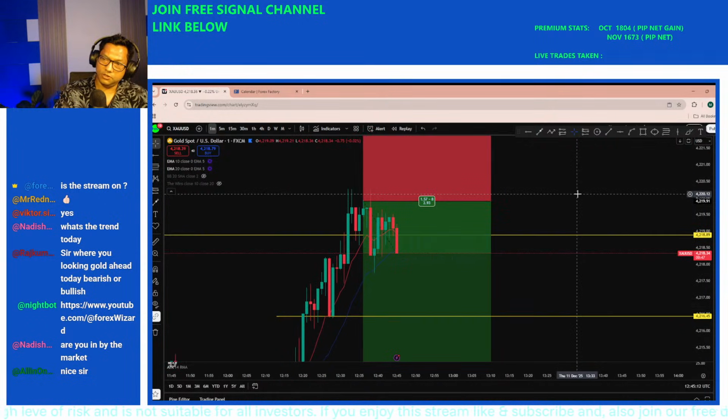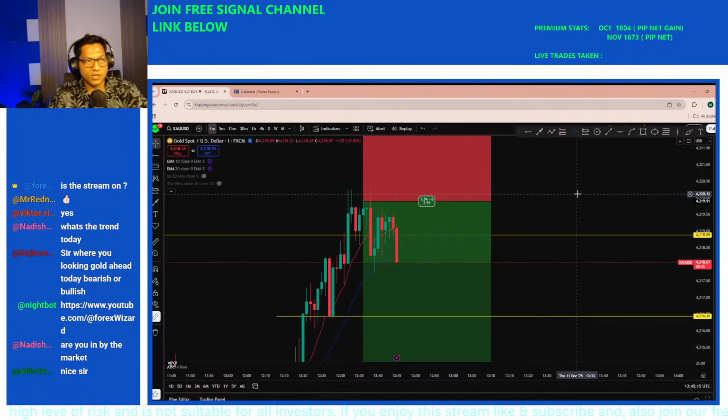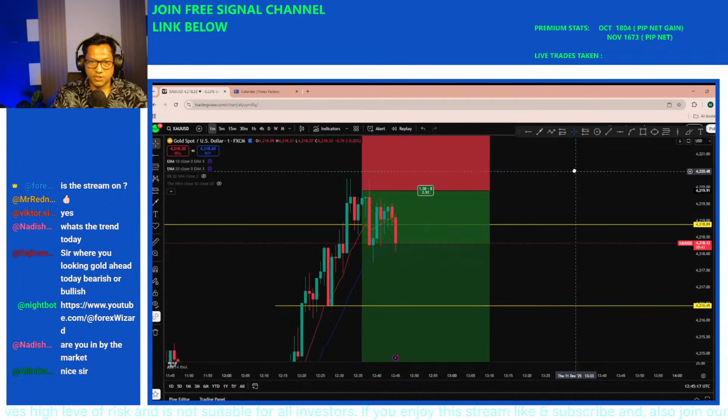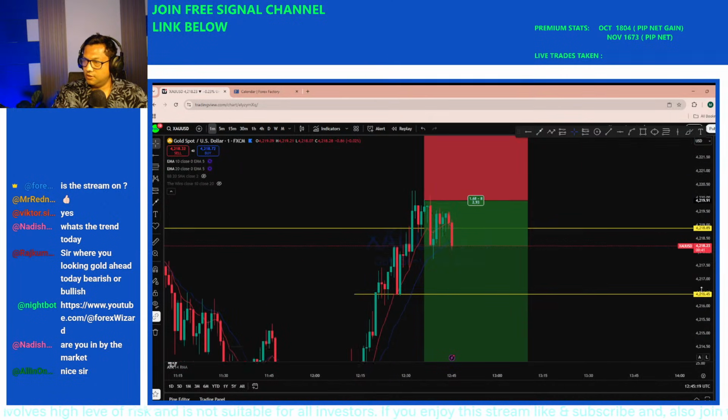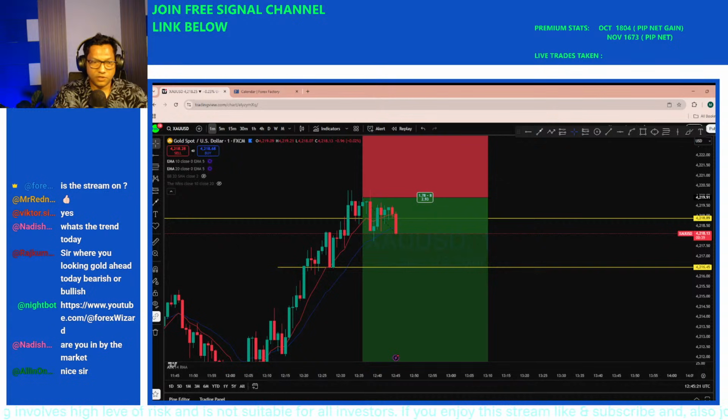Okay, so it's a bearish move that you can see has been created, and you want to see that there is possible further downside here.